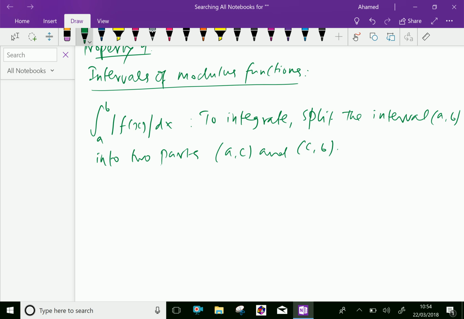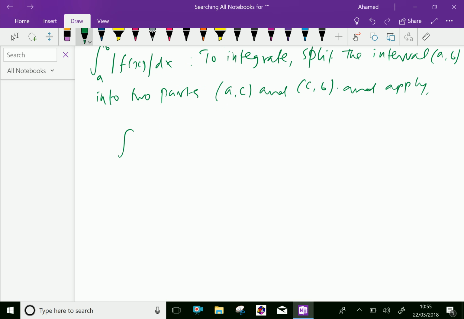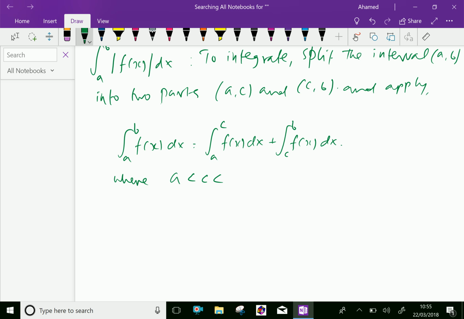Then apply integral a to b f of x dx equal integral a to c f of x dx plus integral c to b f of x dx, where a is lesser than c and lesser than b. Means c is an intermediate limit.